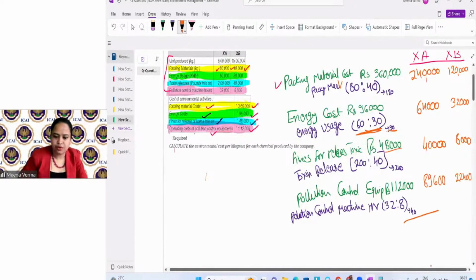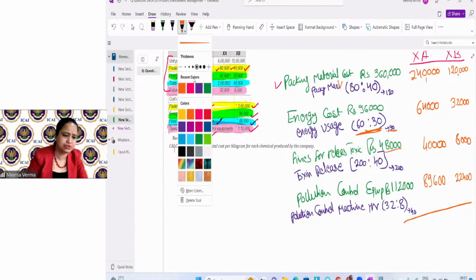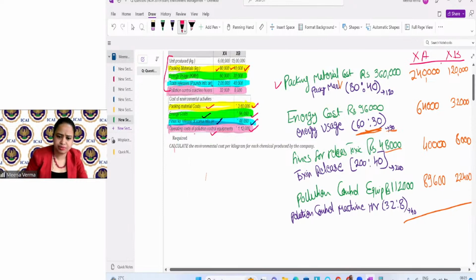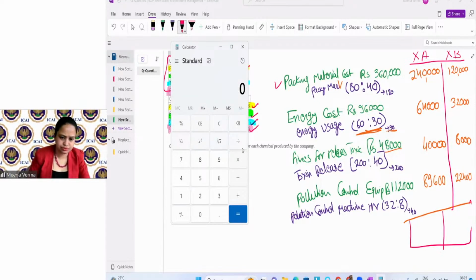Right? Now add these two values. You will get the cost of these two products. Add them and find their cost. All right. So you can see these are very simple questions, not at all difficult, right?